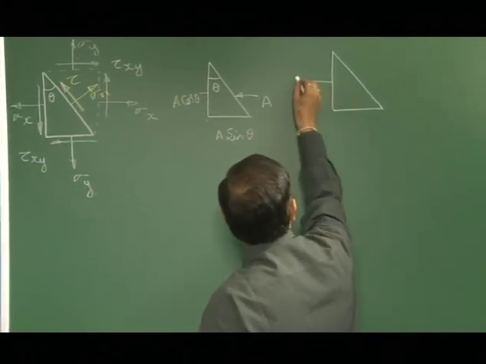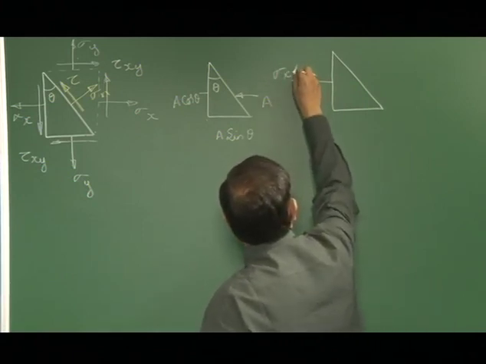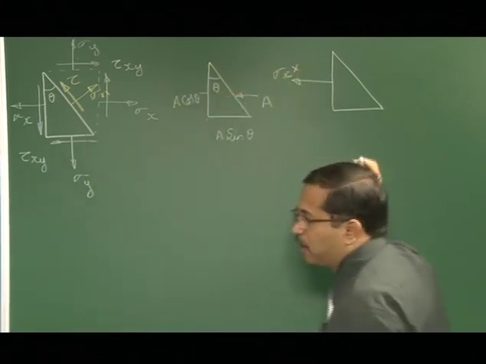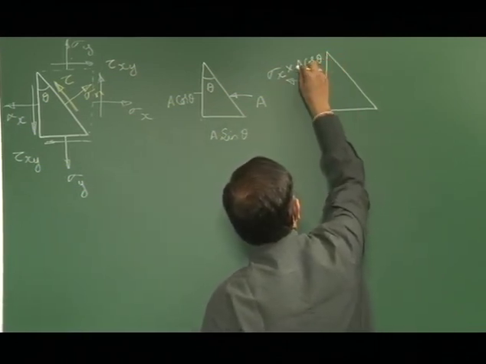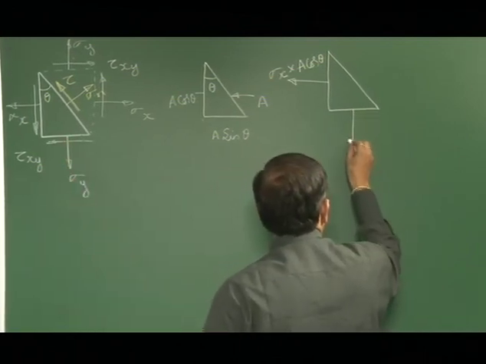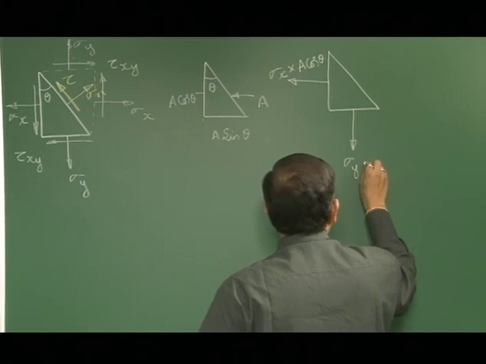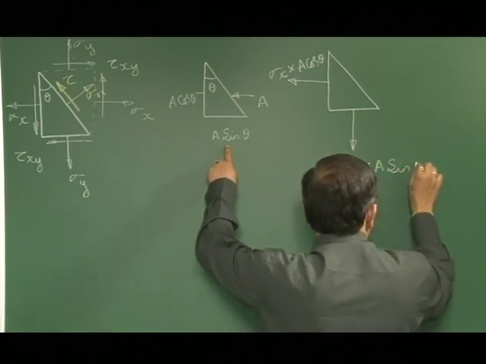Now, here this is subjected to sigma x as the stress. So, sigma x into the corresponding area, that is A cos theta, will give me the force. Similarly, along this plane where I have taken sigma y, this into the corresponding area A sin theta.